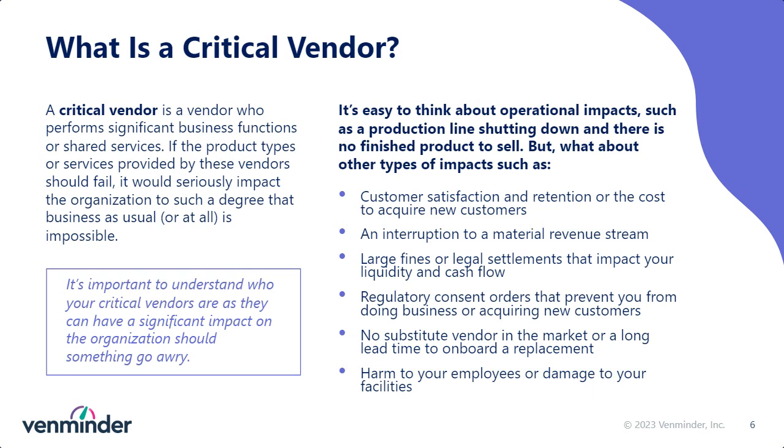You could get a regulatory consent order that says you have to stop operating until you fix this problem. It could also be that there's not a good substitute vendor in the marketplace, or it would take you a very long time to acquire one. And even in some cases, critical vendors' interruption could cause harm to your employees or damage your facilities.